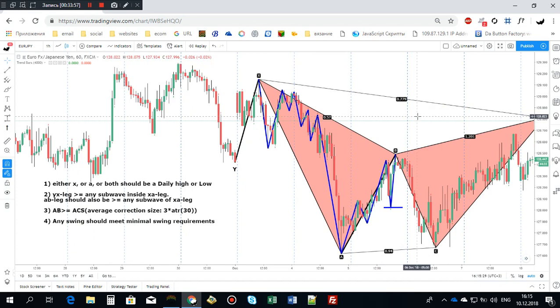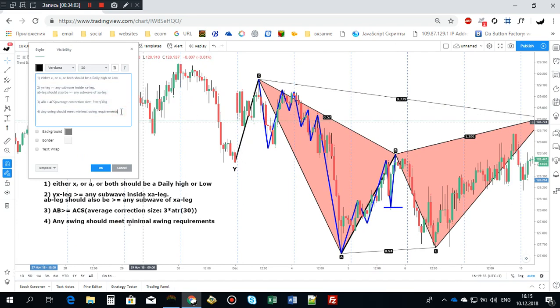Okay, well, that's it. Let me type the final guideline. 5, the XA lag should not be greater than 5 days.